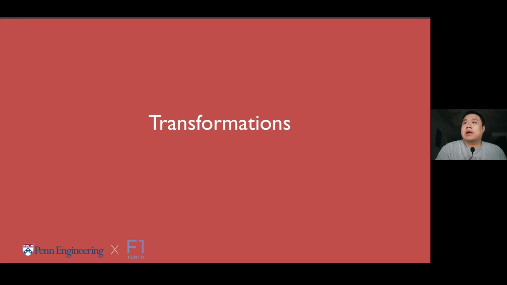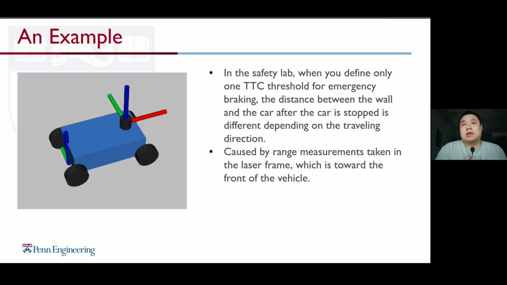Next, we'll talk about how to actually perform frame transformations. For example, if we take a look at our earlier lab, the safety lab, when you defined only one TTC threshold for emergency braking, the distance between the wall and the car after the car has stopped is different depending on your traveling direction, since all the laser scan measurements are taken in the laser frame, which is not exactly where you might want to do this calculation from.